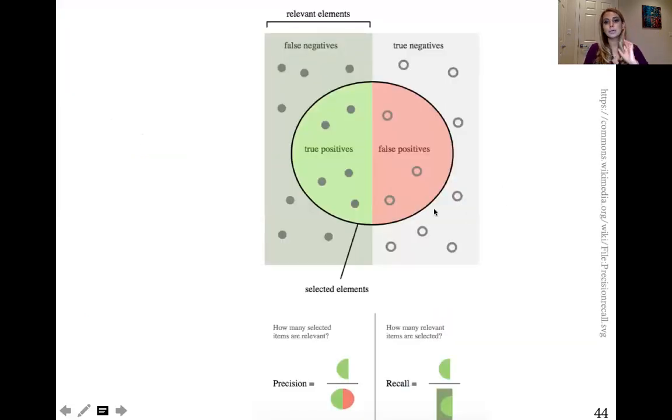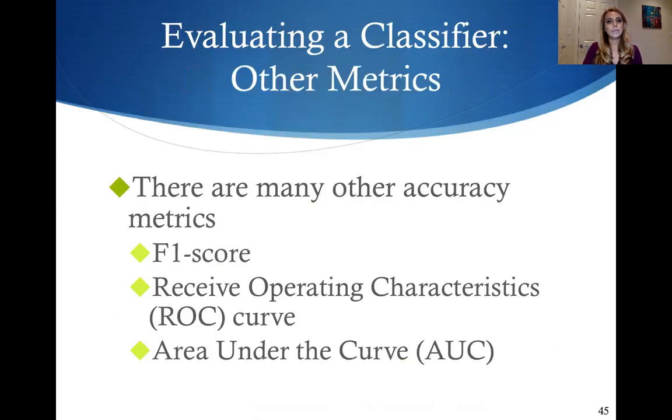Here we can see in this diagram that precision tells us how many selected items are relevant, and recall says how many relevant items are selected. There are other evaluation metrics like the F1 score, because for some applications the precision is very important, and for some applications the recall is important.